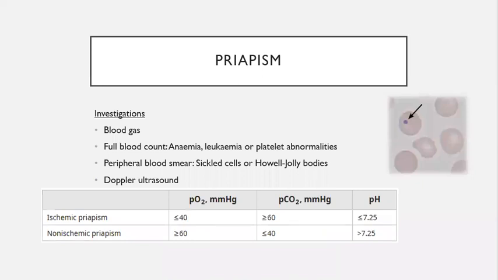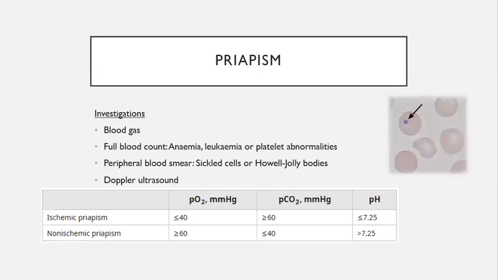Now, in terms of the investigations, you can do a blood gas from the aspirate of the priapism, your full blood count to look for other causes if the patient is not known to be homozygous for sickle cell disease, and you'd be looking for anemia, leukemia, or platelet abnormalities.